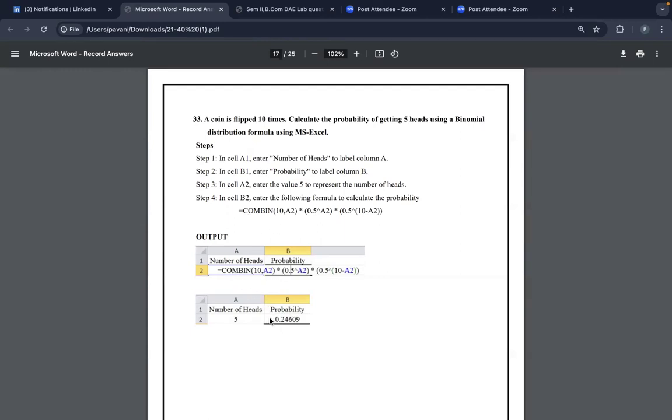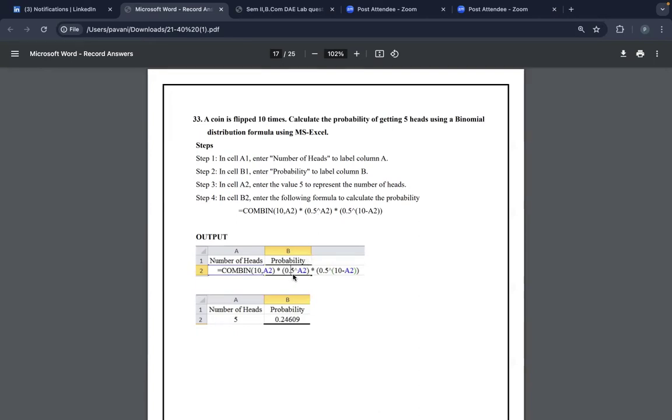Equals, here you will write the formula: equals combination of 10 comma A2. In A2, what is there? 5 heads are there. Then A2 into 0.5 to the power of A2. If I take number of heads and number of tails, the probability of getting each of them is half and half.